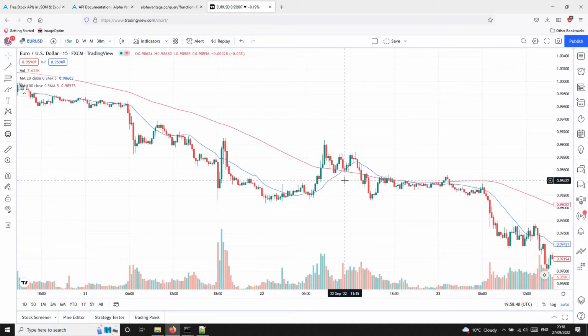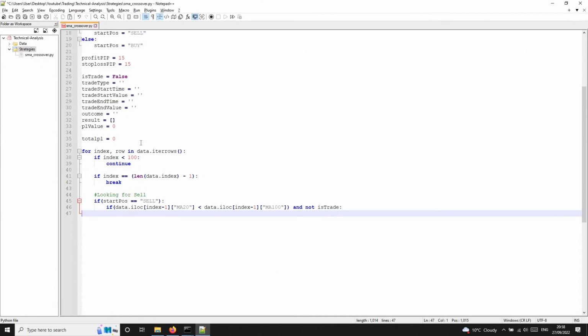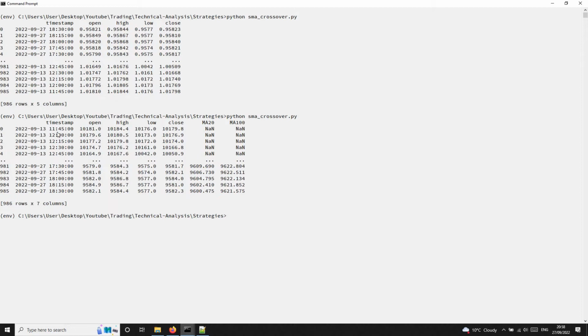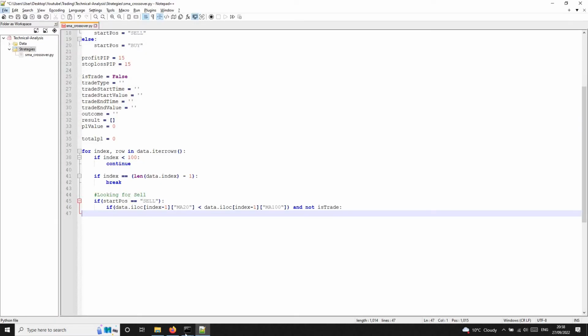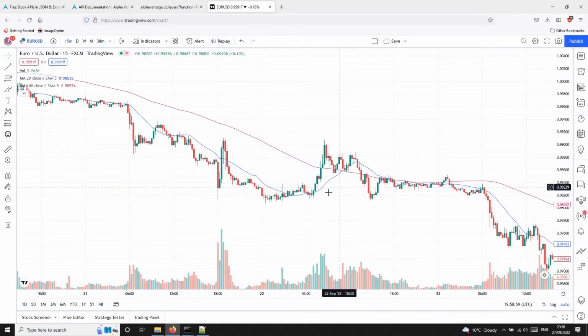So this candle represents 11:15 to 11:30. But our data tells us, when we saw the data earlier, that when its time is 11:45, it is from 11:15 to 11:45. This is the end time. On the TradingView chart, it is the start time.